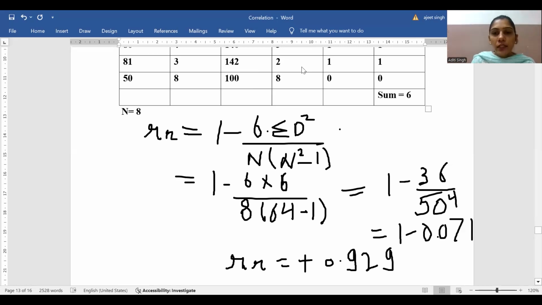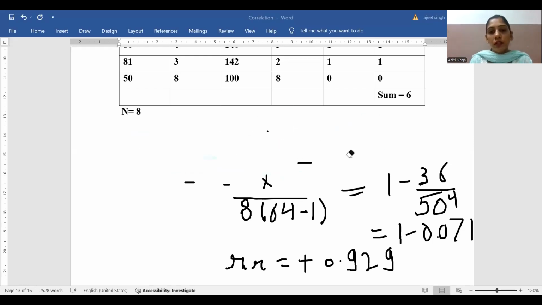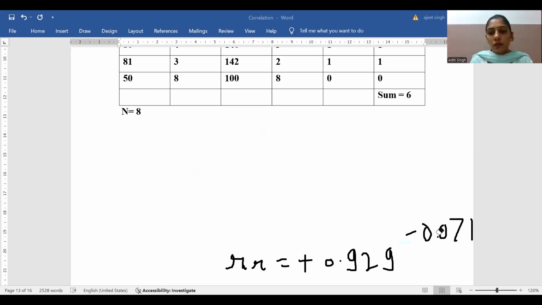So let's write the answer here. In this question, R is equal to plus 0.929.